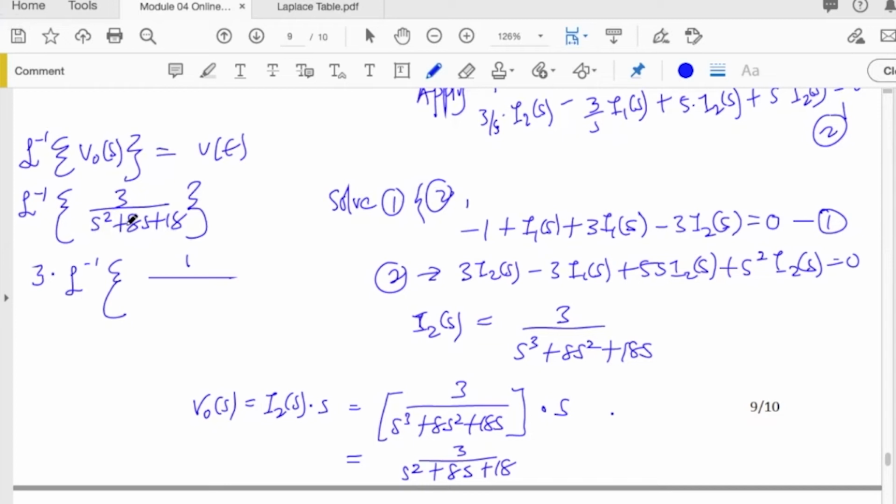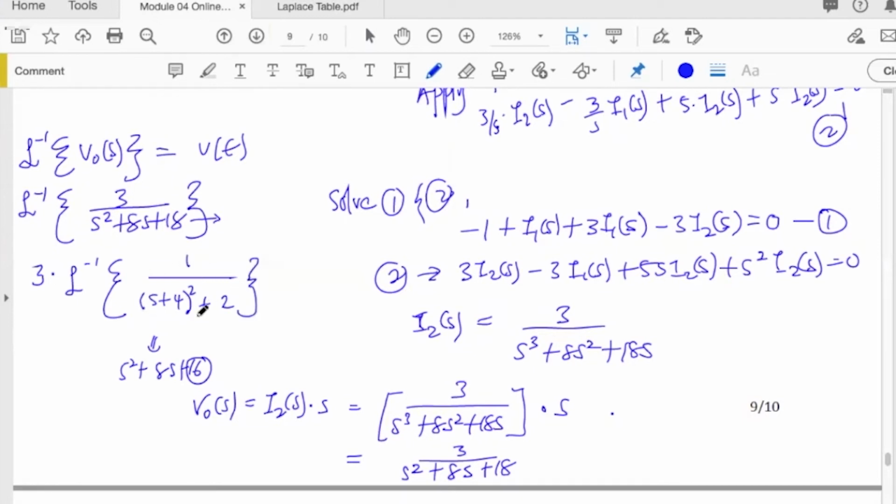This part you can put in such a form where it is equal to (s plus 4) squared. If you do that, you will end up with s squared plus 8s plus 16. Since you got 16 here and supposedly you should have 18, we add another 2.